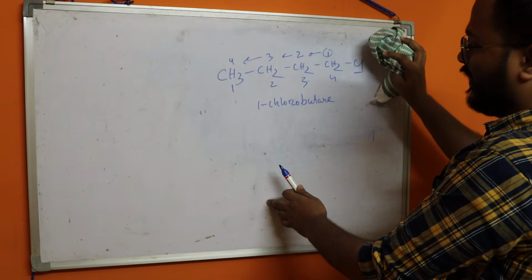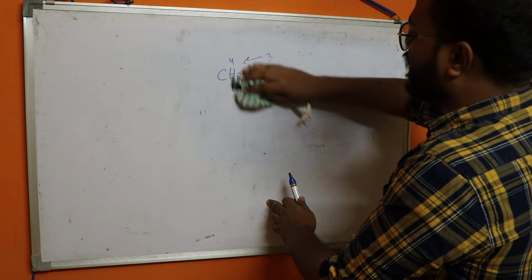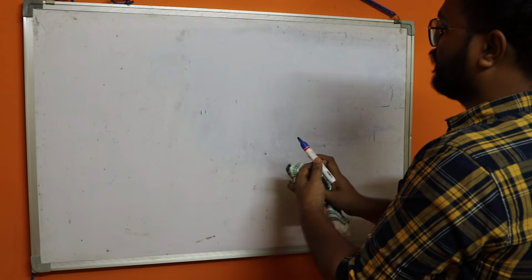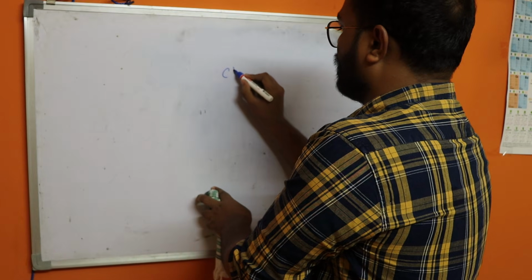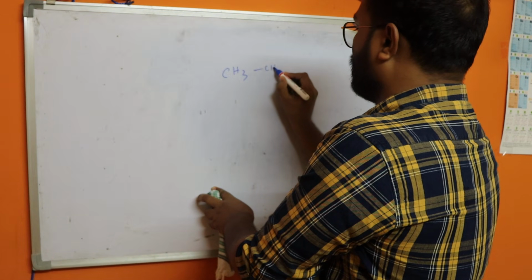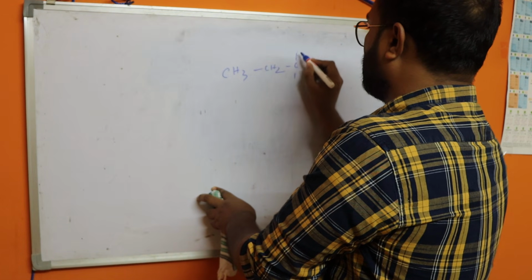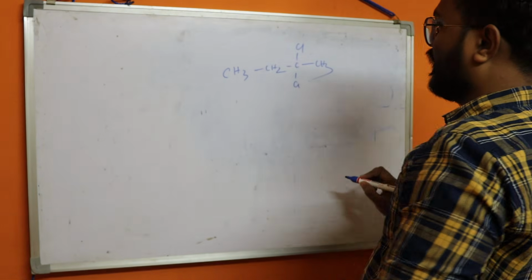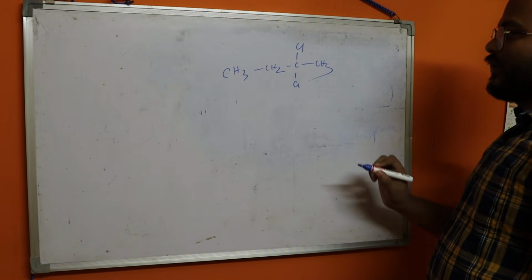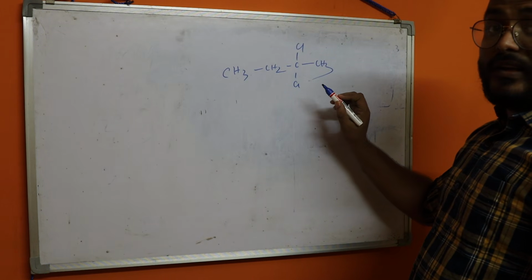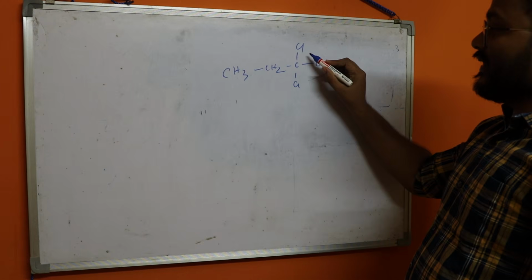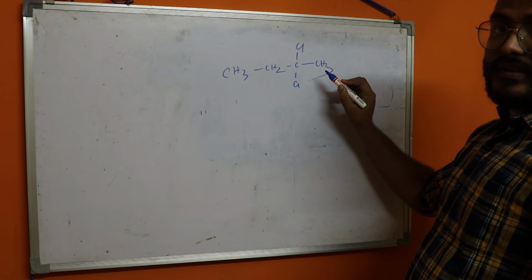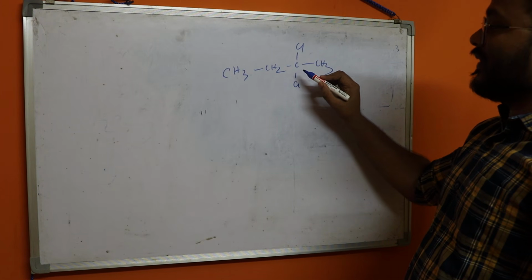I hope that you have understood these things. Now we'll see another example. In this case we have geminal chlorine. I have already discussed that this is a dichloro substitution, and this is in the geminal position.